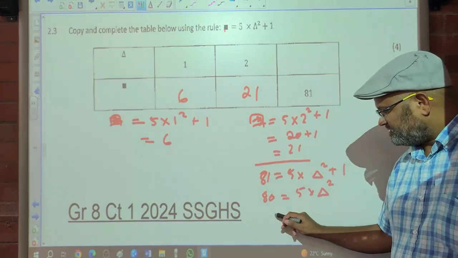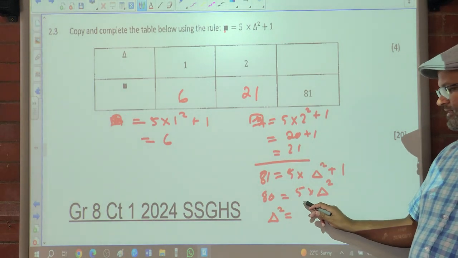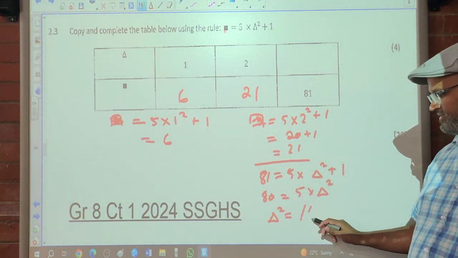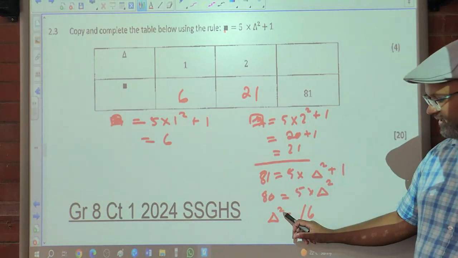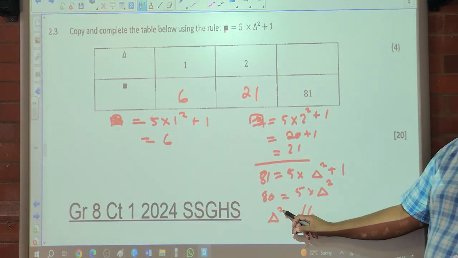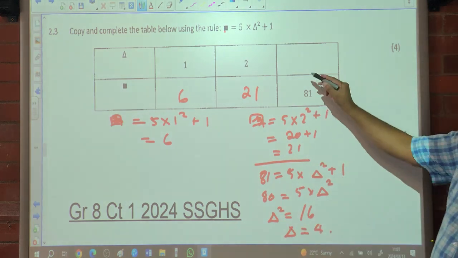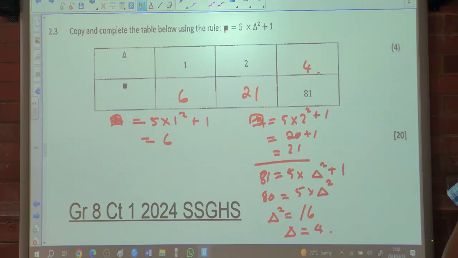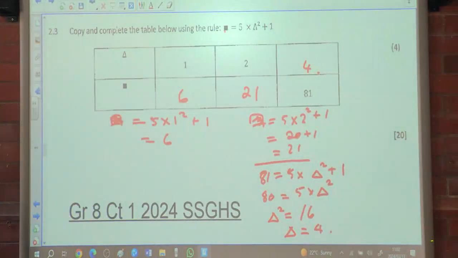Divide by 5 on both sides. So your triangle squared is equal to 80 divided by 5, which is 16. How do I get rid of the square? What's the opposite of square? Square root. What's the square root of 16? It could be minus as well, plus or minus 4, but for now, 4 suffices.